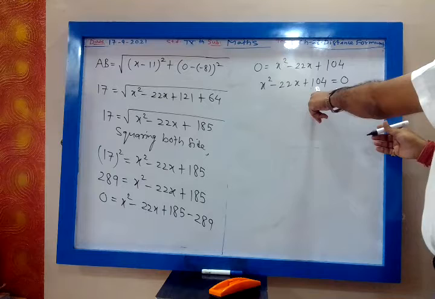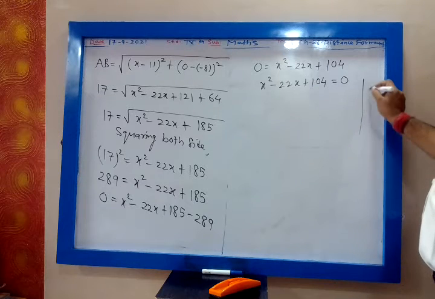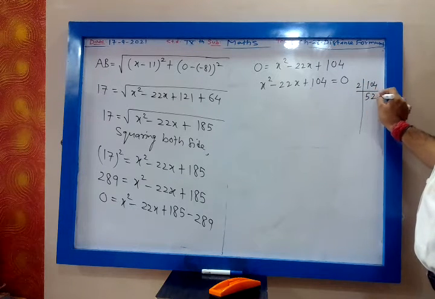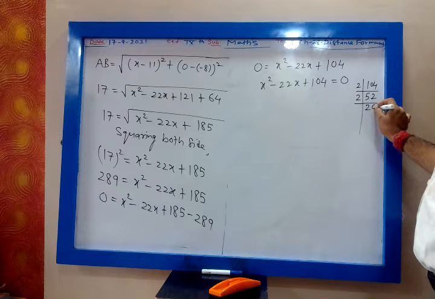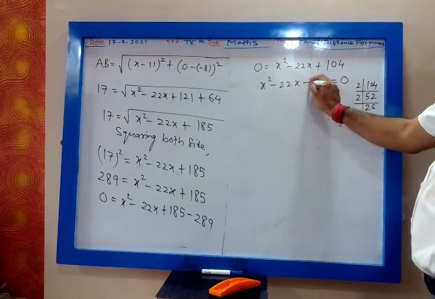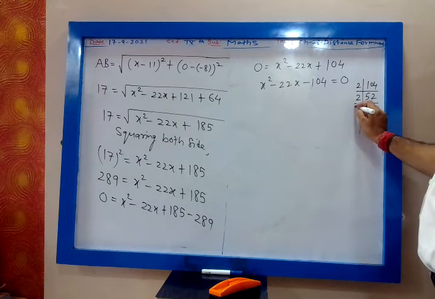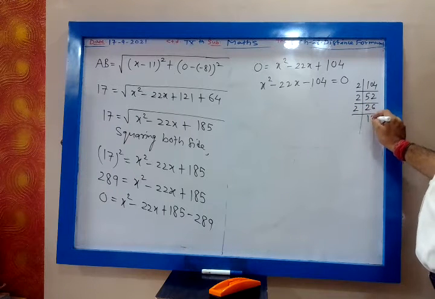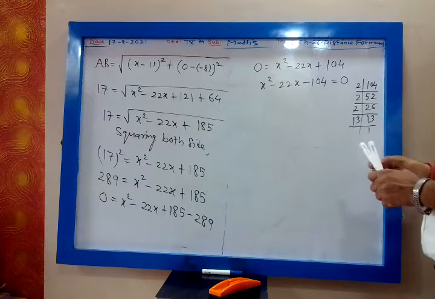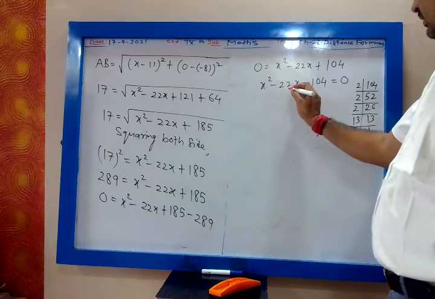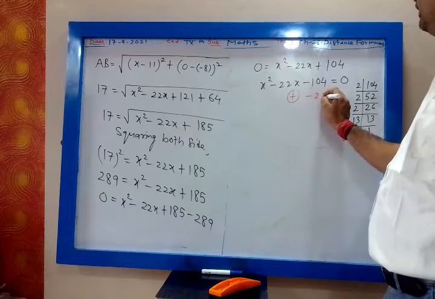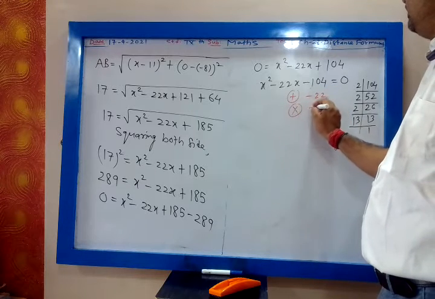Now let us factorize this 104. 2 5s are 10, 2 26s, 2 13s are 26. Now you have to find two numbers whose sum is minus 22 and product is minus 104.